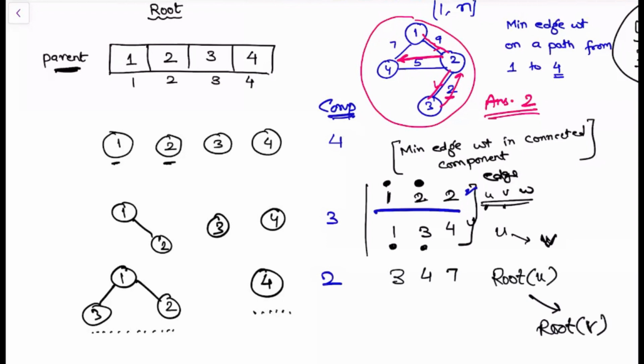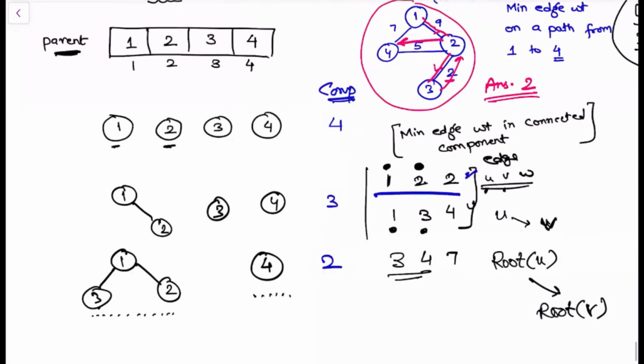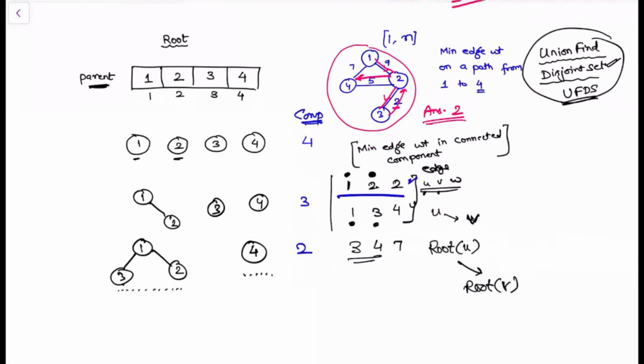So we are joining 3 and 4, but that doesn't mean I will put 4 under 3. No, we will use the notion of their roots. Root of 3 is 1, root of 4 is 4. So we will join the roots of both the parts, which means our joining will happen on 1 and 4, not on 3 and 4. So this is what it becomes, and we eventually come down to one component.